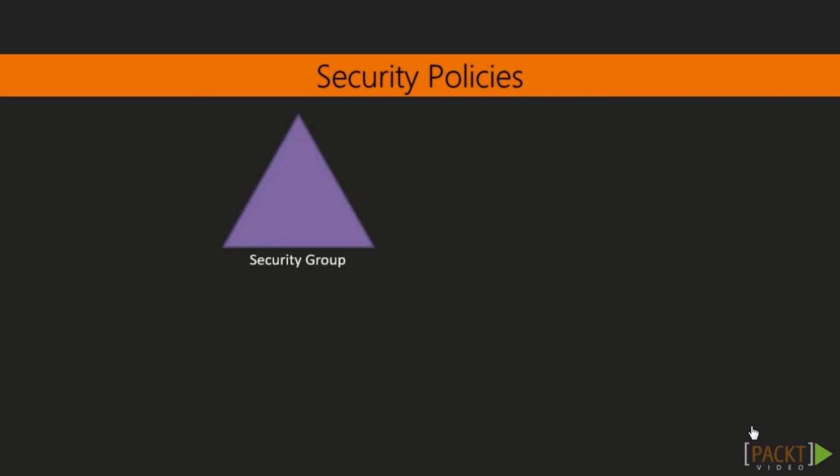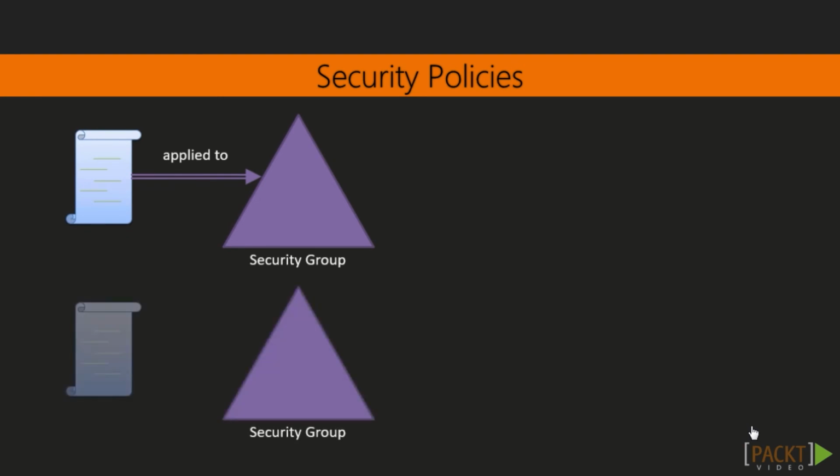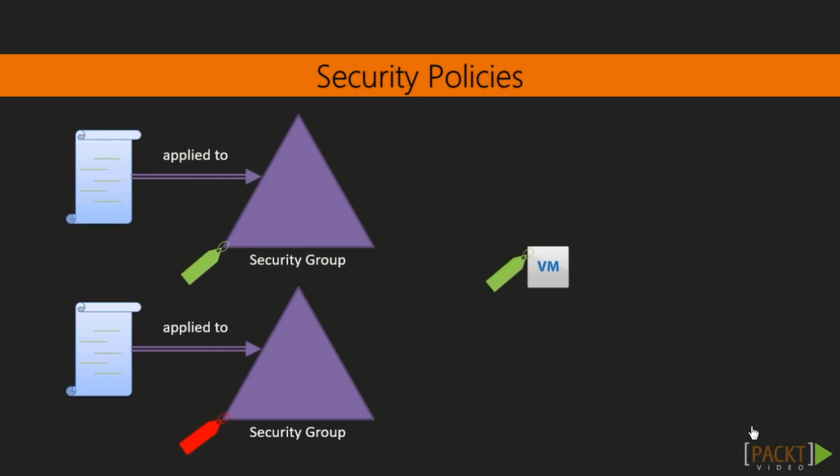How are security policies used? We create 2 security groups in our example and apply a security policy to each security group. The dynamic membership criteria for these 2 security groups is tagging. So we have a green and a red tag. Now we create a virtual machine. How can that virtual machine become a member of the group? Yes, you just add the security tag to the virtual machine. If you add the green tag, the virtual machine is placed into the green security group.